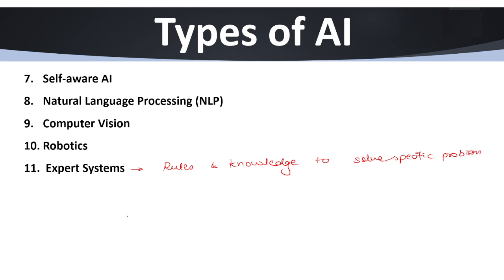For example, medical diagnosis system. AI like IBM Watson Health that helps doctors diagnose diseases based on symptoms and data.